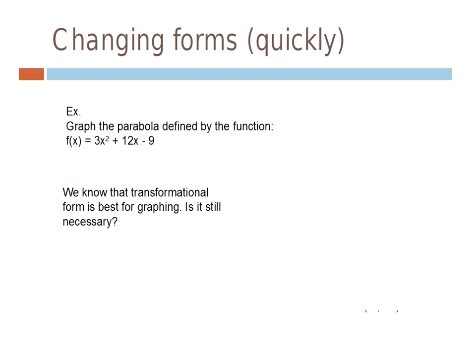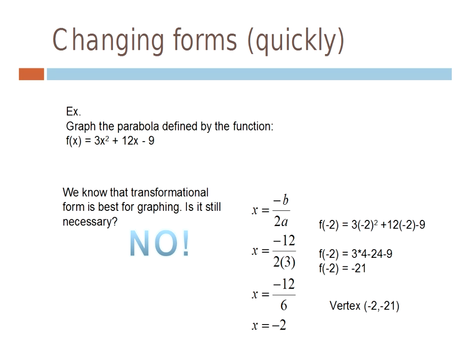Remember, we just completed the square on every single quadratic ever, and we found that x equals minus b over 2a gives us the x value of the vertex. And now I can plug it in and find the y value. So in a matter of moments, I now know that the vertex is negative 2, negative 21.